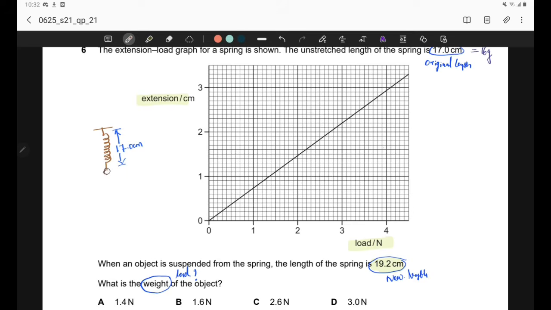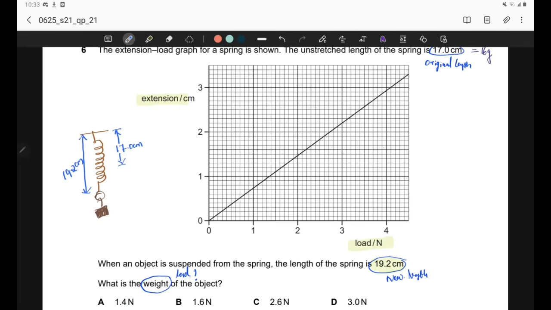But when a particular object was suspended on the spring, it extended, and as the spring extended, its length increased, and a new length is also given in the question, that is 19.2 centimeter.